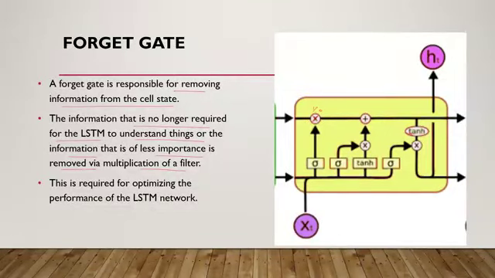Okay. Now this is required to optimize the performance of the LSTM network. See, if you process all the information, even non-important information, firstly it will take a lot of time unnecessarily to process, compute, and analyze that information.